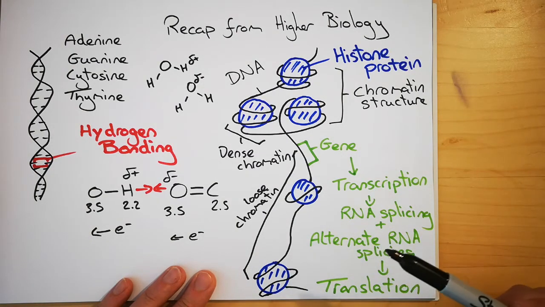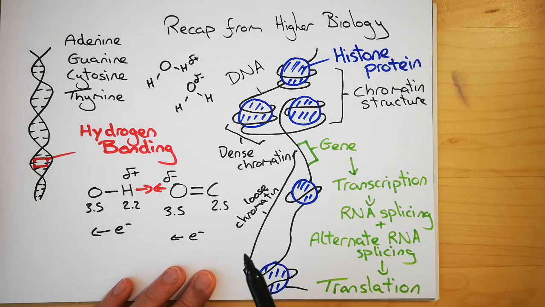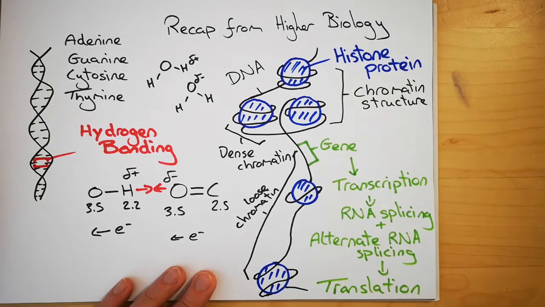Once we have got our mature mRNA, then we go into translation and we will produce our protein, and that is really where we want to begin today, looking at the individual amino acids and how they interact with one another to form a protein.